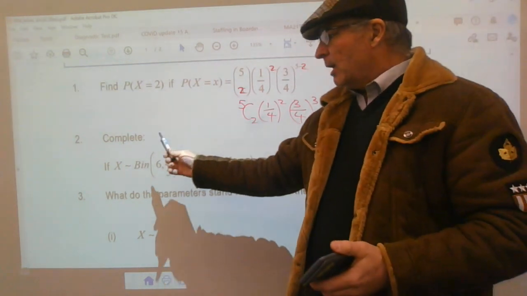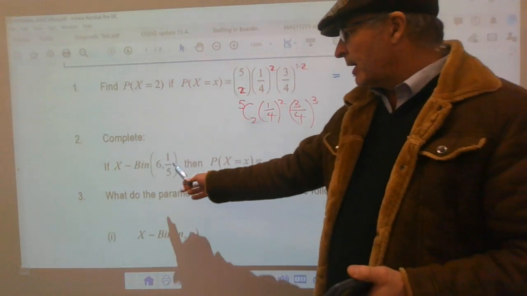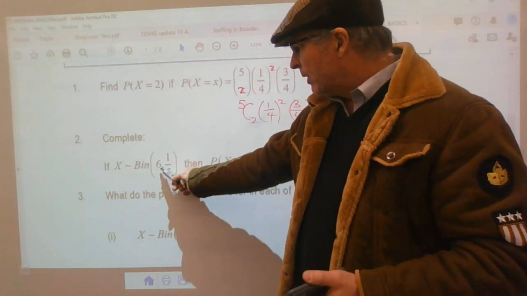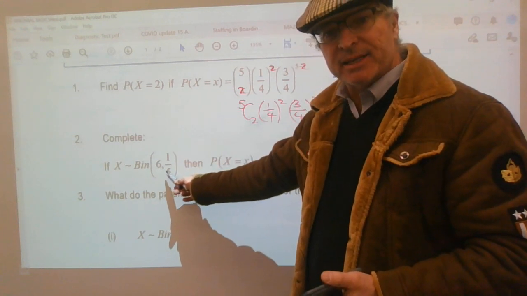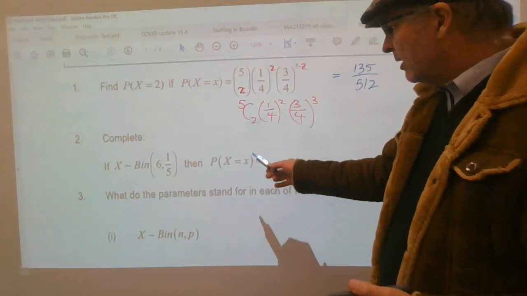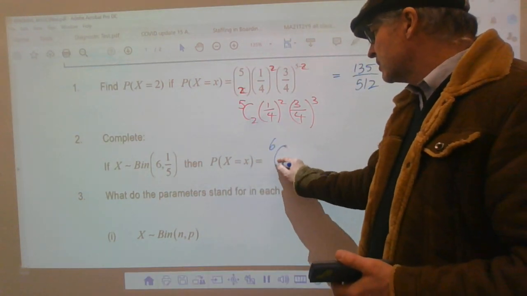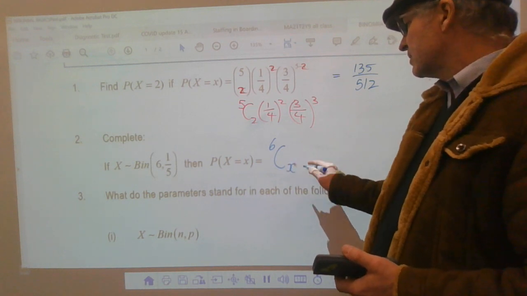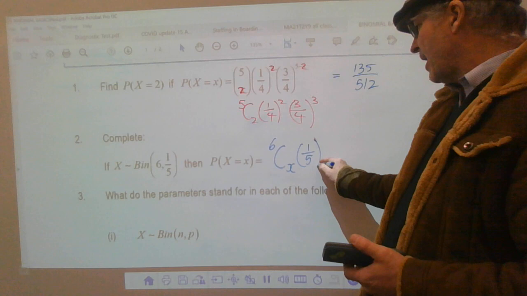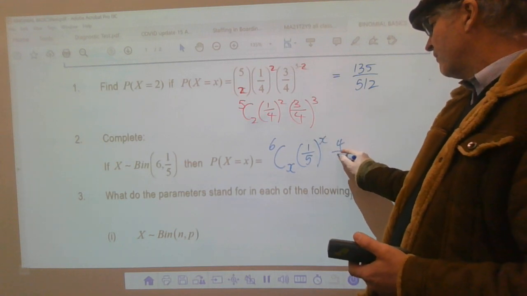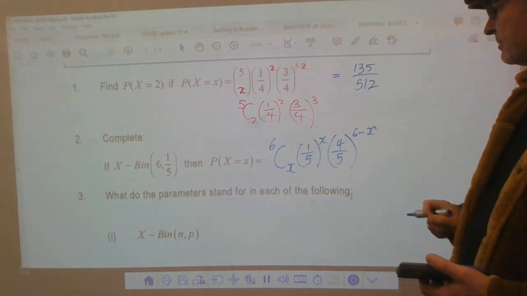Complete. If x is a random variable distributed as a binomial with 6 Bernoulli trials, each with a probability of success of 1/5, then the probability that x equals x is 6cx, and then it's 1/5 to the x, and 4/5, because that's the probability of failure, to the 6 minus x.